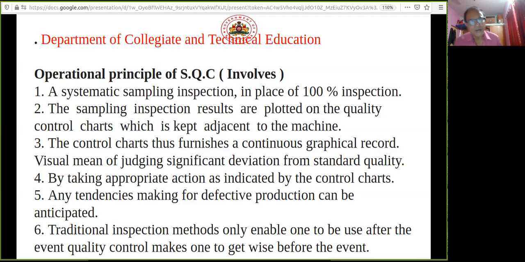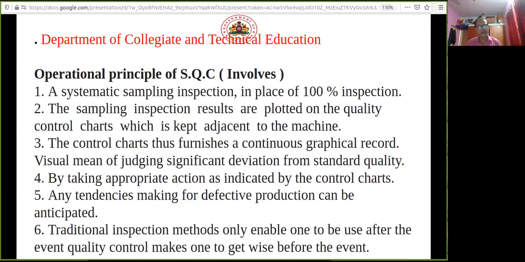The second point is that the sampling inspection results are plotted on the quality control charts, which are kept adjacent to the machine. So in sample inspection, by collecting the data, the statistical quality control data are plotted on the quality control charts.